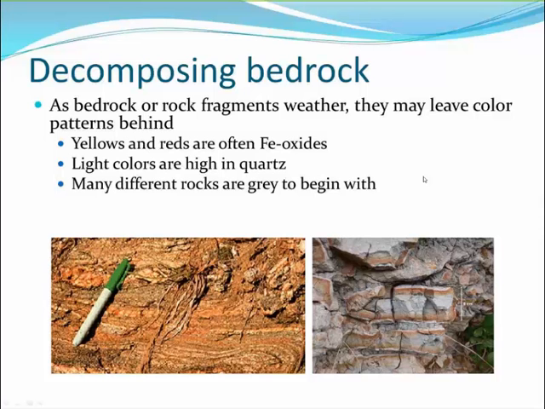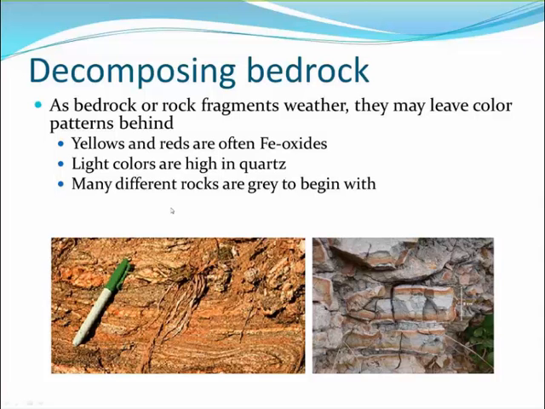Okay, here's some bedrock colors, and we can actually see the pattern of the bedrock in both of these pictures. The original color banding in this bedrock is evident, and we have associations now. Now that we've left the organic matter and we're dealing with mineral materials, we can talk more about the effect of iron, because iron oxide is extremely dominant as far as a color agent in soil.